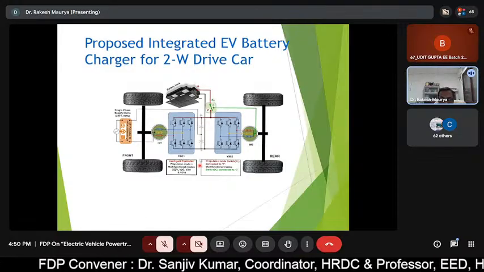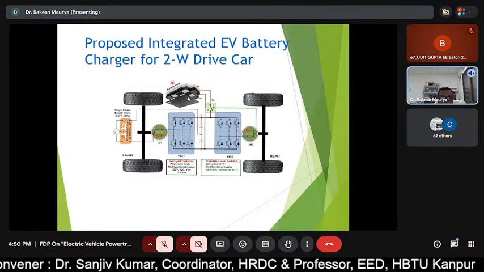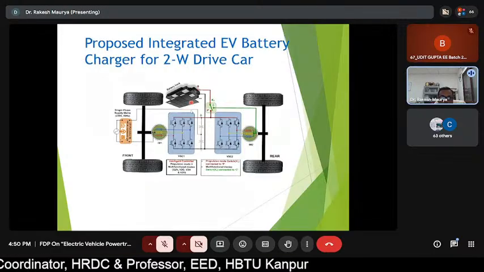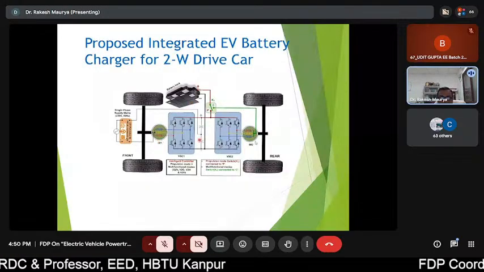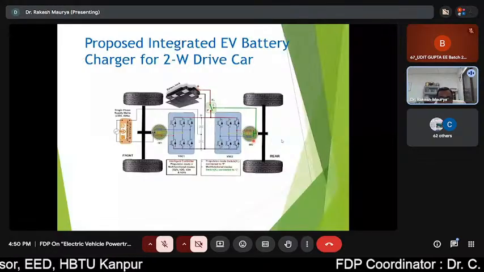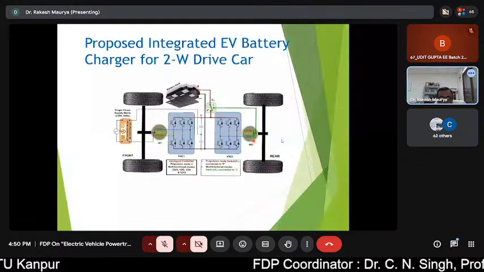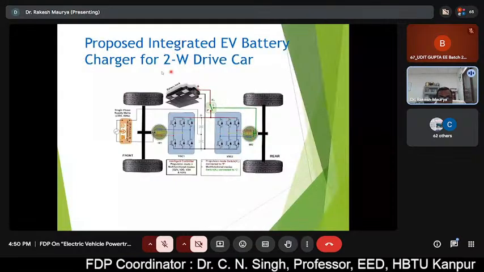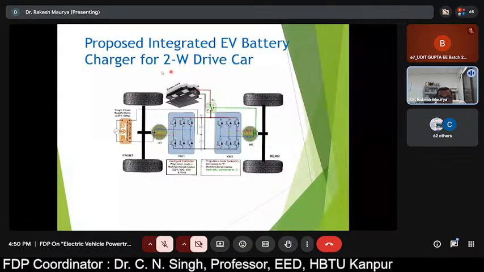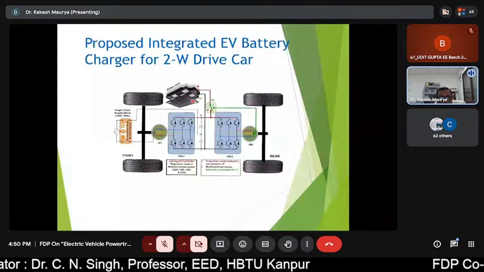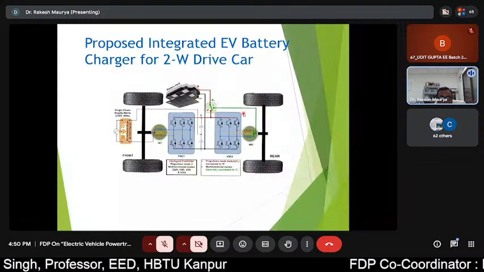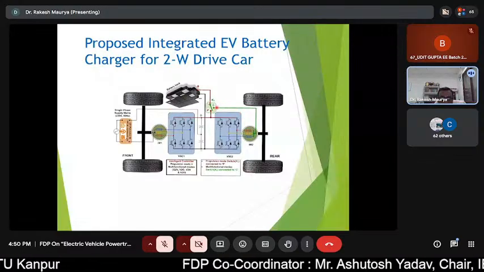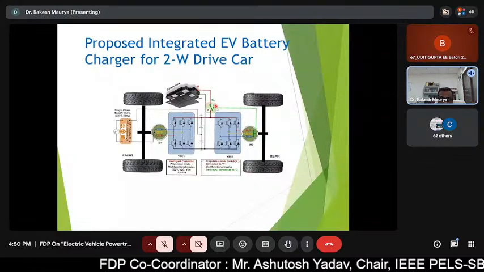During that position, the battery provides energy and these motors are working in a coordinated manner on the road. But whenever, after driving, your battery is drained and it has to be recharged, then the vehicle is kept at rest, and this switch K1 is now connected to point C.